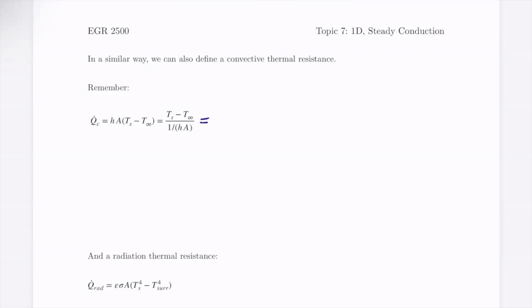And that allows us to have a convective thermal resistance, which is the following. So we have Ts minus T infinity over Rc. Okay, so Rc is our convective thermal resistance, and it's equal to 1 over H times A. Okay, so again, this is not enthalpy.